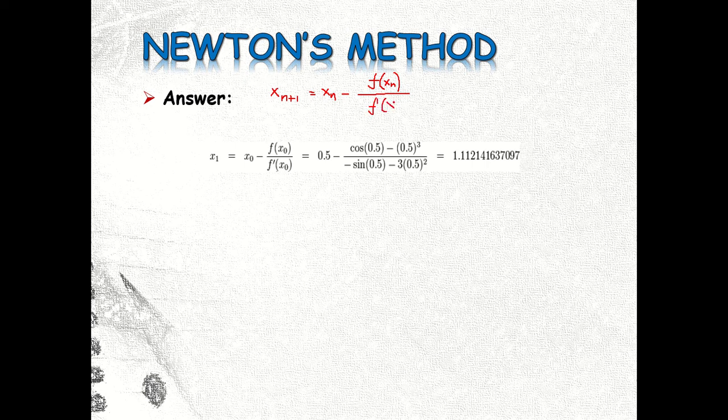So this is our Newton's method formula in finding the root. Okay, so we have here our initial guess. So this is an initial guess. All right, so this is another way of presenting this one, class.